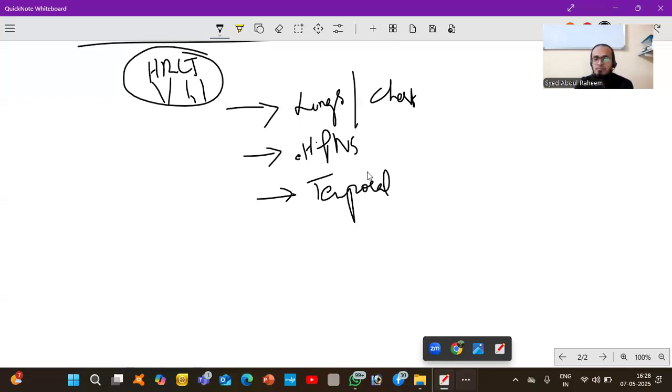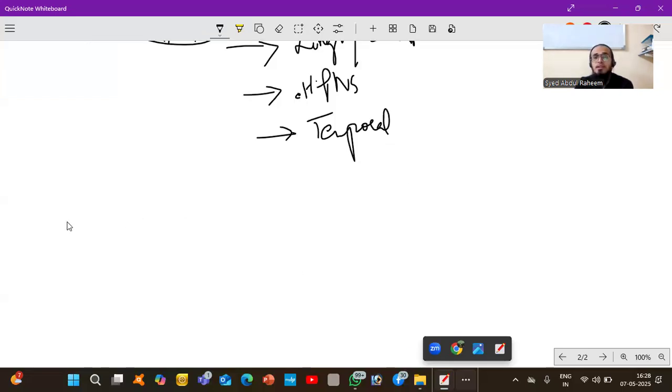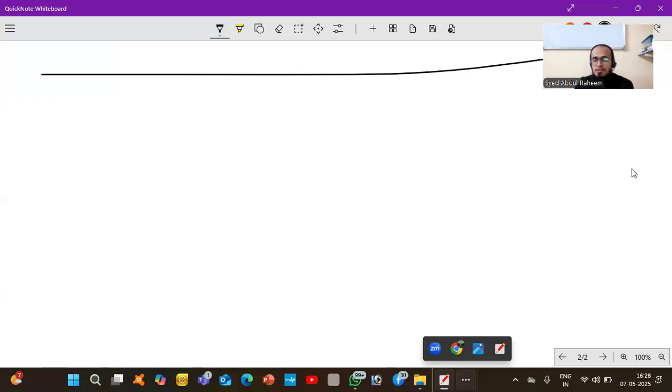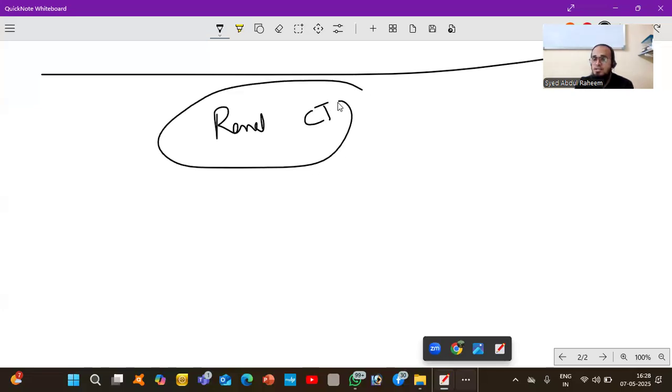So this is the important thing we have to remember. Now we have different types of CTs we will do, like for renal. Renal CT is to see the internal structure of the kidney.